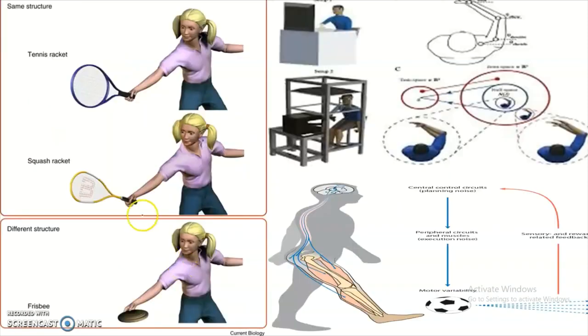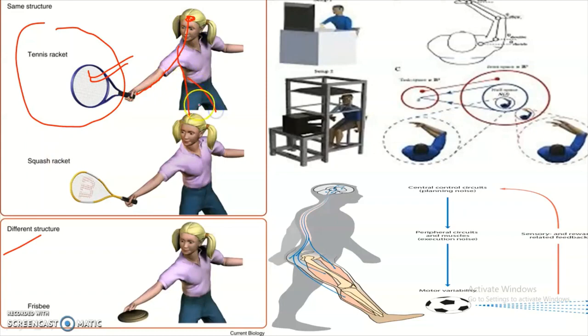Just like this, if you are playing with a tennis racket for the first time, you cannot correctly judge where the ball is coming and at which point to hit with the bat. If you keep on practicing and practicing, automatically our brain will send signals to the hands and to the legs: how much pressure we have to apply and at which angle we have to keep the bat.